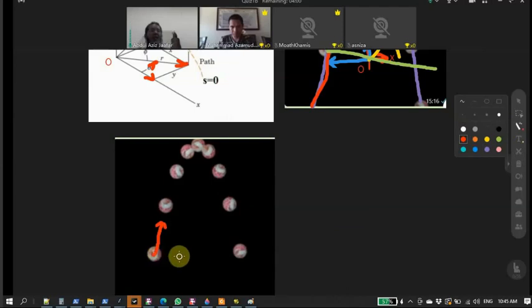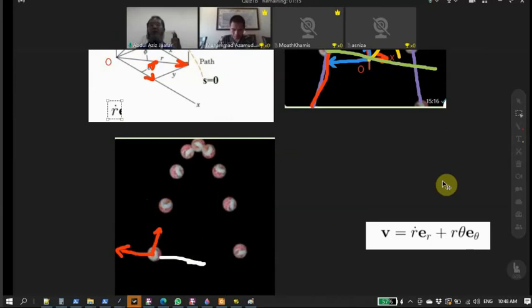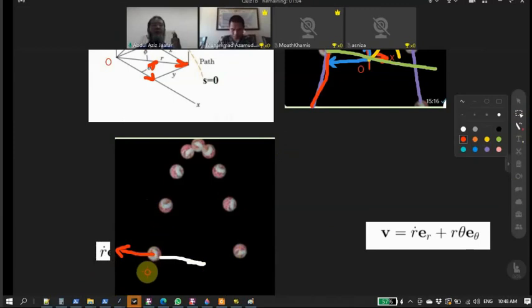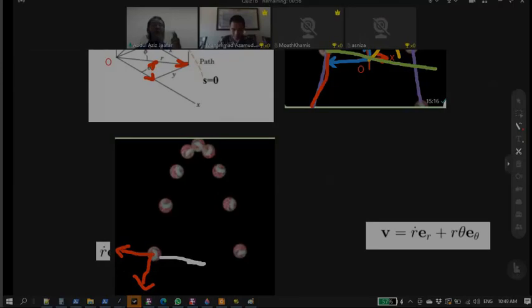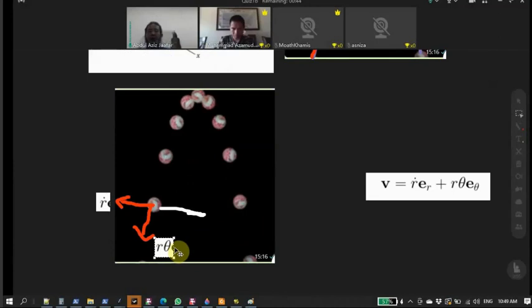So this one will be Vx and that will be Vy, right? This is the coordinate system for polar coordinate systems.